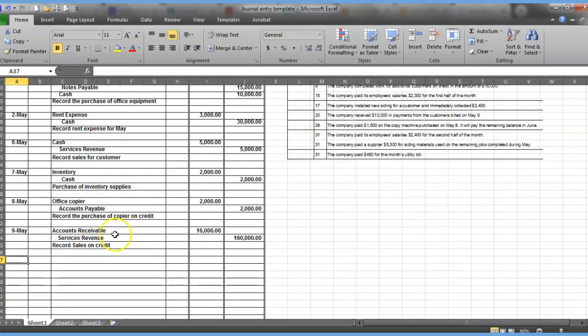I'm going to scroll up a little bit further. And the question now is, the company paid its employees salaries of $2,300 for half the month. This is going to be on the 15th of May. So the employees, we paid them.